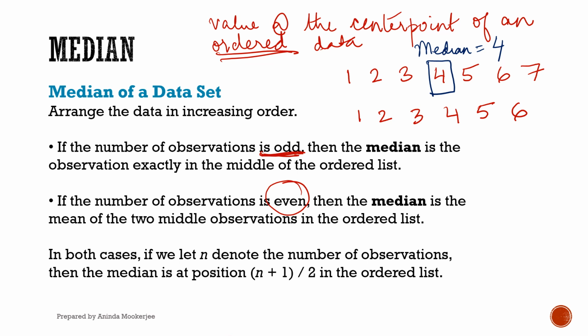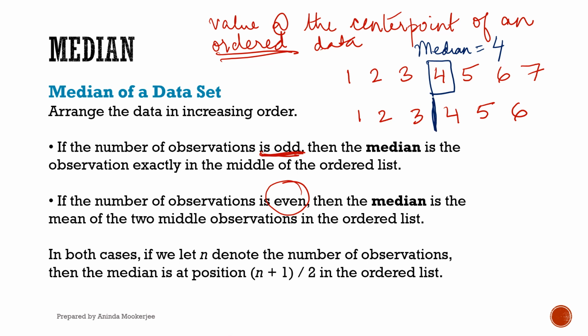Why so? Because the center point in this ordered list cannot be 4 anymore. Because if you pick 4 for your median, it has 3 numbers to its left but only 2 numbers to its right. It does not divide the data set into 2 equal parts. Rather, the median will be located somewhere in between the numbers 3 and 4.